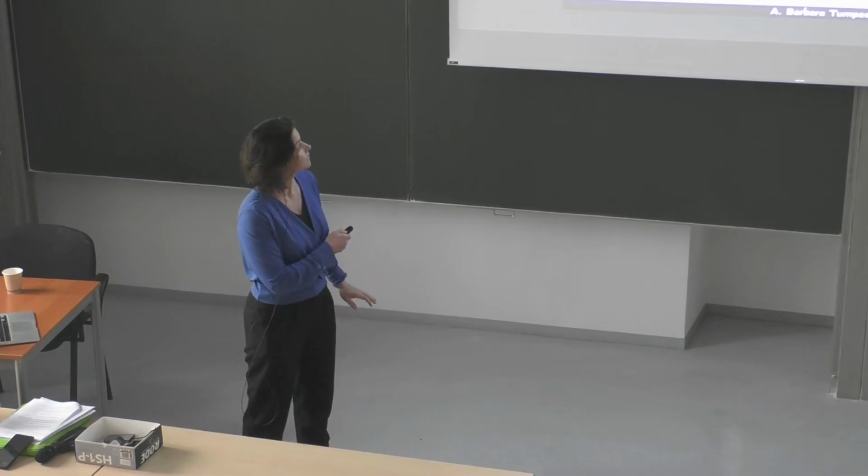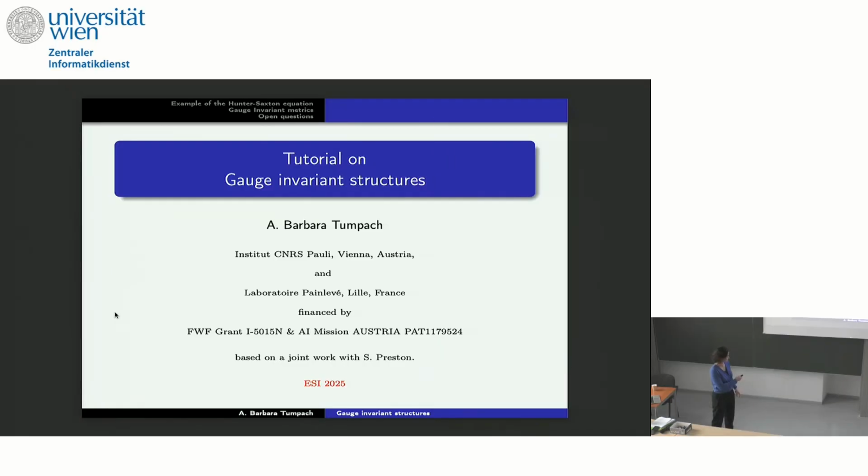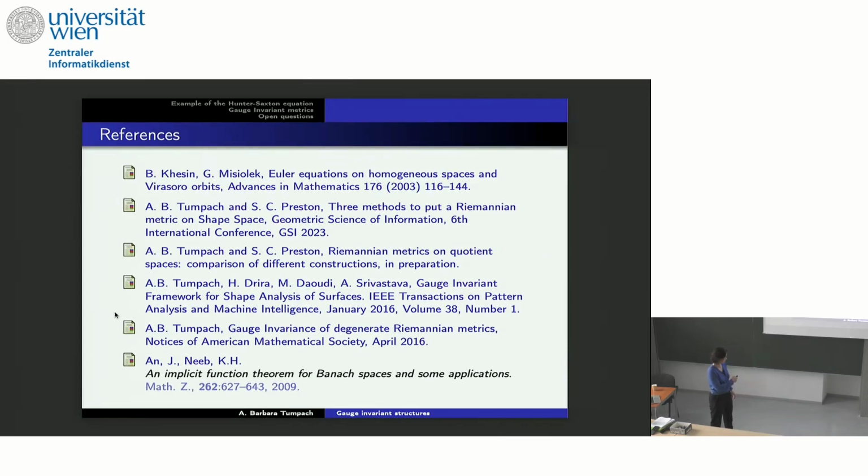So let me just give you the references which can help you to go into this kind of topic. So I will use, you will see the picture, actually I will show next, is coming from the paper of Kessin and Misolek, where earlier equations were derived, and in particular Hunter-Saxton on the homogeneous space given by the diffeomorphisms preserving orientation of S1 and modulo rotations.